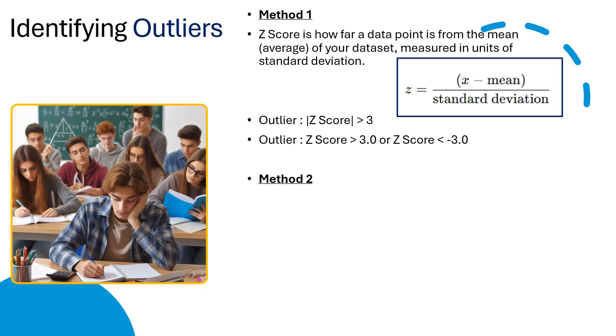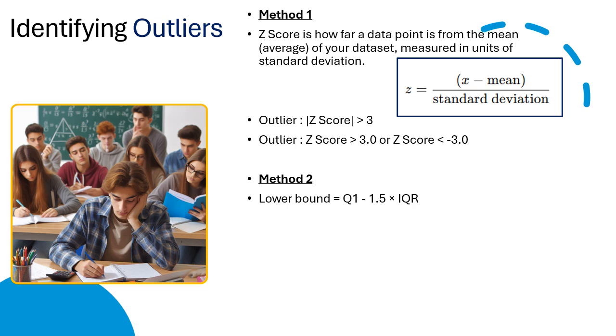And the more robust method is the IQR method. As explained previously, the lower bound is Q1, the first quartile, minus 1.5 times the IQR. What is the IQR? The IQR is Q3 minus Q1, multiplied by 1.5.